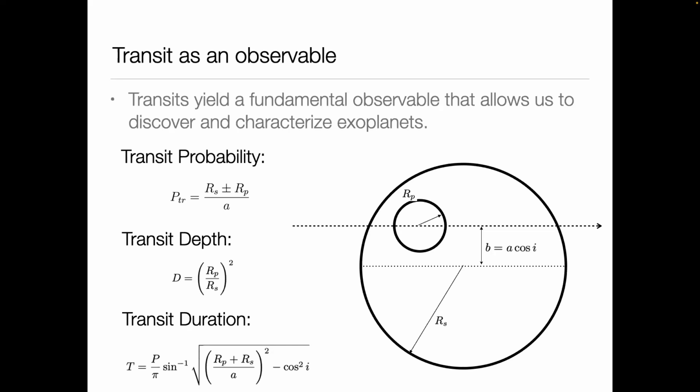Hence P_tr, the transit probability, becomes this object. Now, why there is a plus or minus: if it's plus, it means it can be any transit, including grazing transits. Whereas if it's a minus, it needs to be such that the planet is actually transiting within the stellar disk.